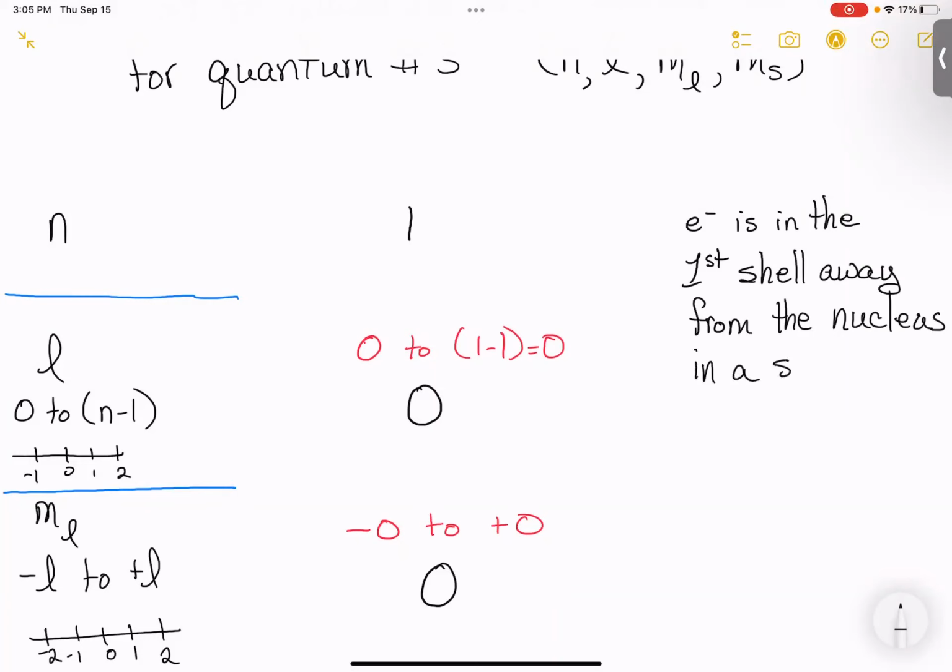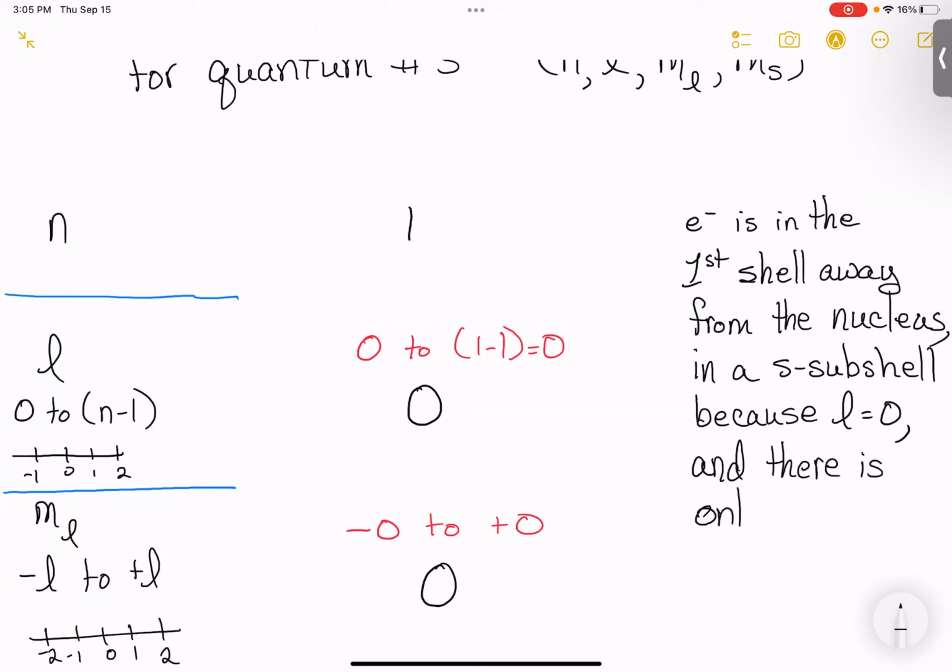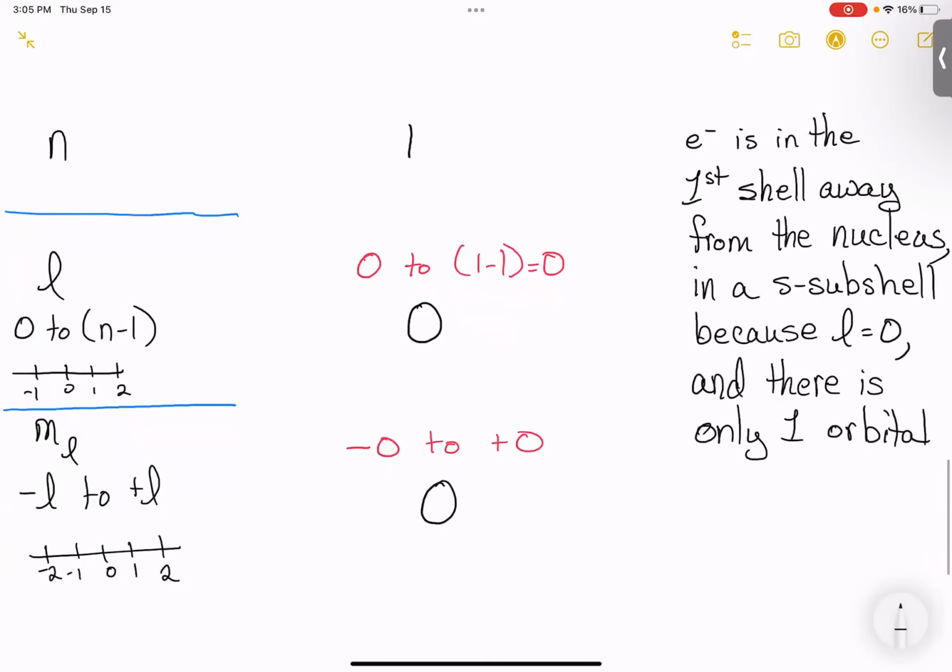In an S subshell, because L is equal to 0. And there is only one orbital, because there's only one value for m sub L.